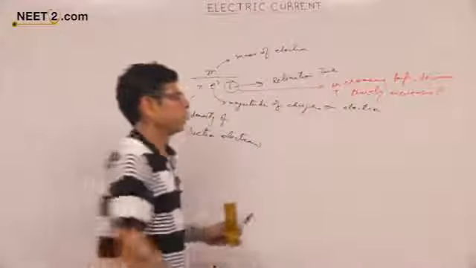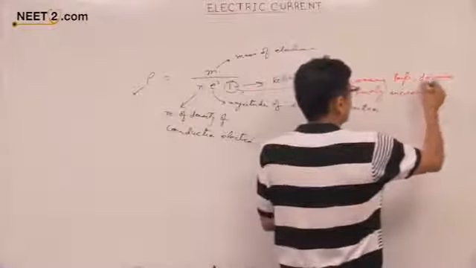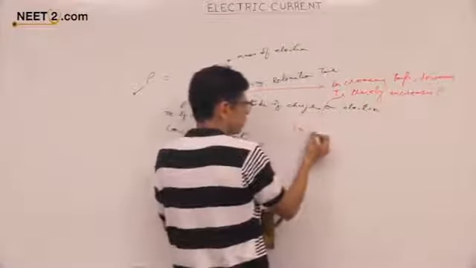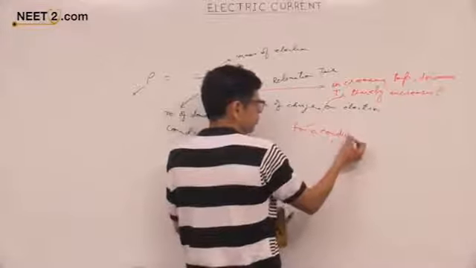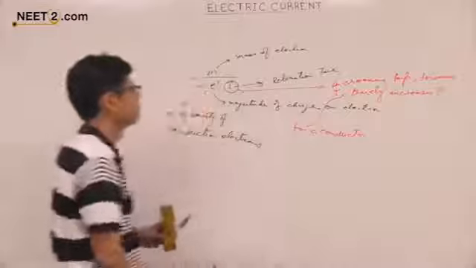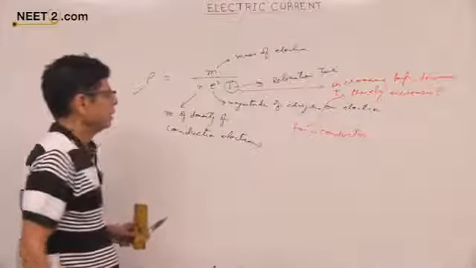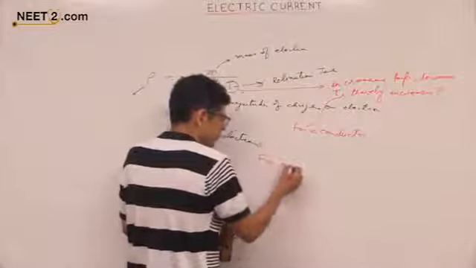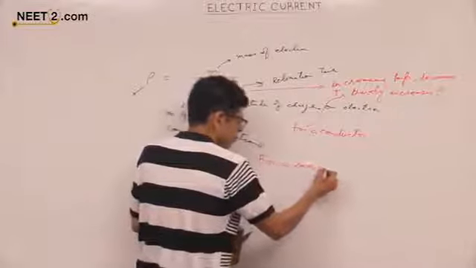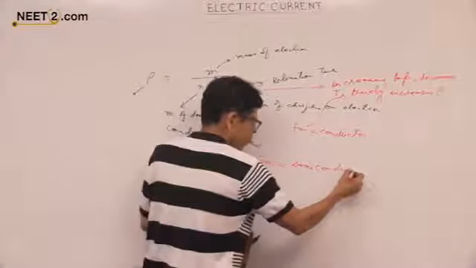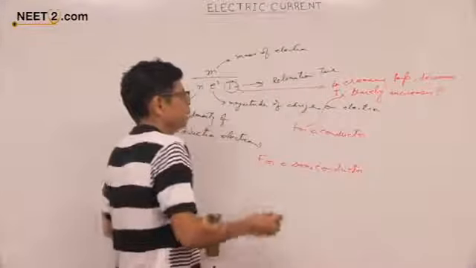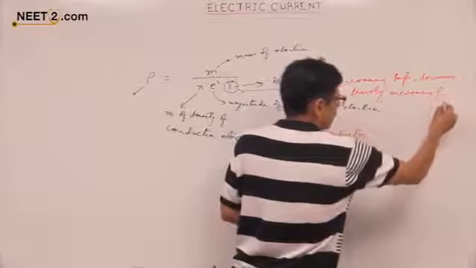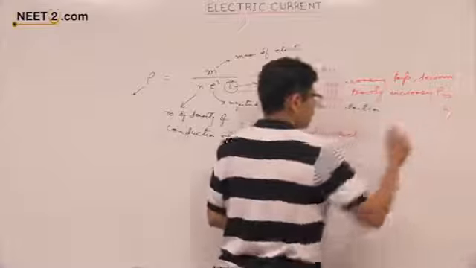Now, this is valid for a conductor. Whereas for a semiconductor, the story is a little different. So what happens as resistivity is increased? This increases R, implies resistance also increases.